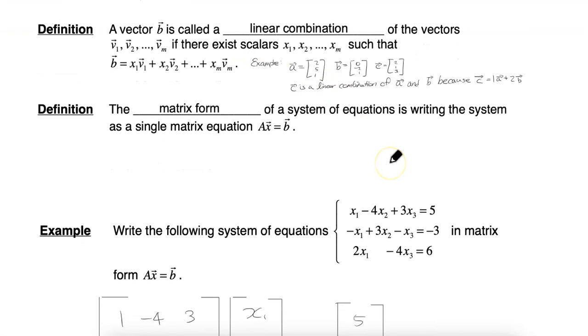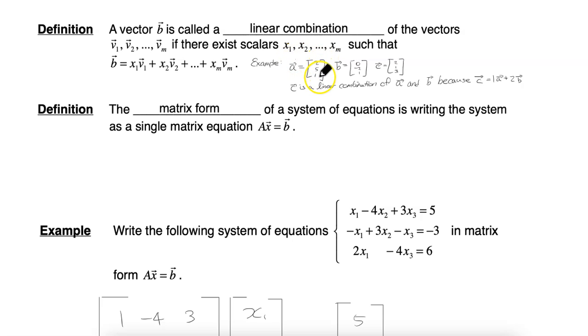Very last part of this long section: a vector B is called a linear combination of some vectors v1, v2 to vm if there are scalars such that B is a combination of v1, v2, vm. So an example is going to be more explicit than these three lines of definition.